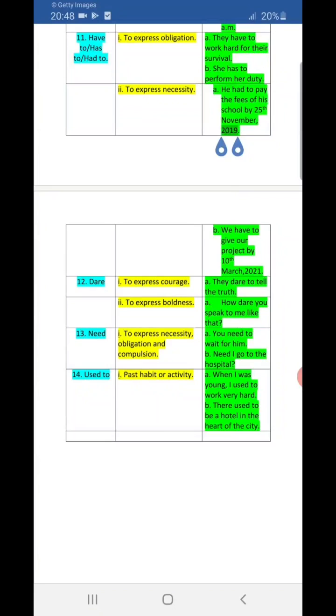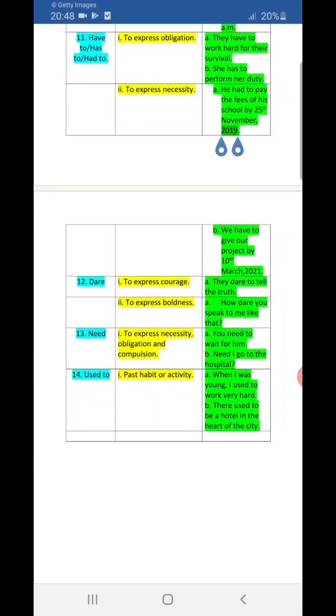Next, number 14, used to. Past activity or habit is expressed over here. So, past habit or activity is the purpose. Example number A. When I was young, I used to work very hard.